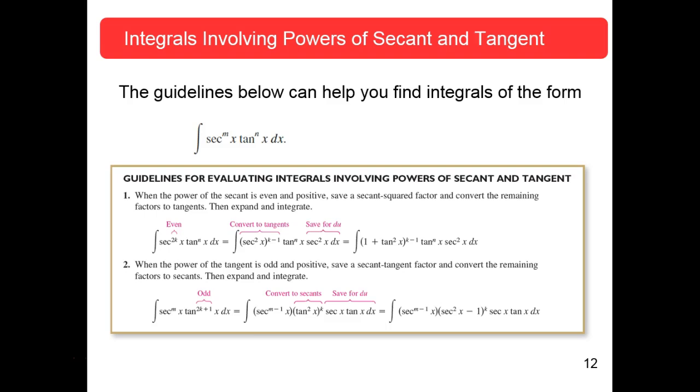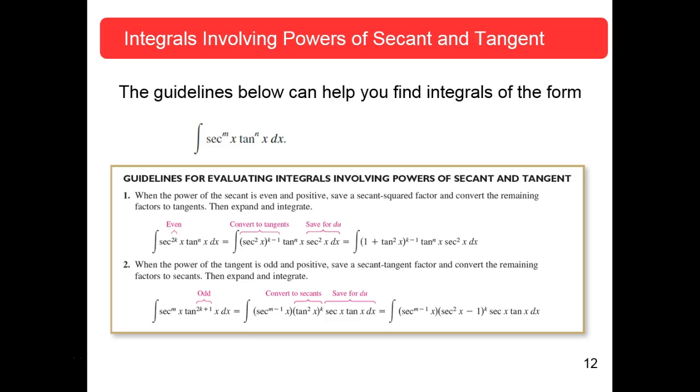Now what is tangent squared? Secant squared minus 1. So you have a secant to the m minus 1 from here, a tangent squared to the k, well this is secant squared, so take this, expand that.